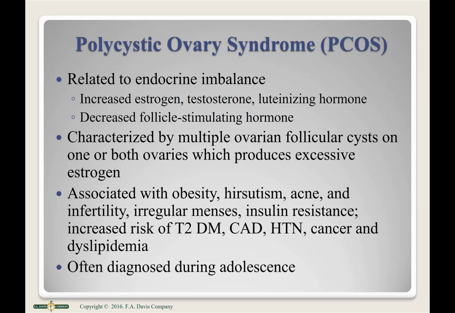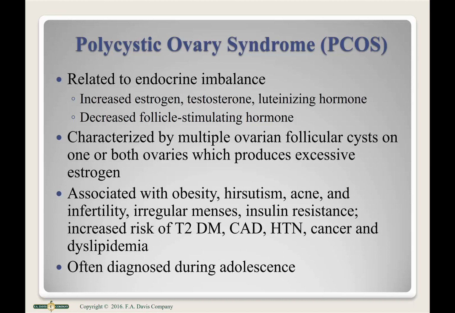Okay, polycystic ovarian syndrome. So this is caused by an endocrine imbalance. We have increased estrogen, increased testosterone, and increased luteinizing hormone beyond what is normal for the menstrual cycle. But then we have decreased follicle stimulating hormone.